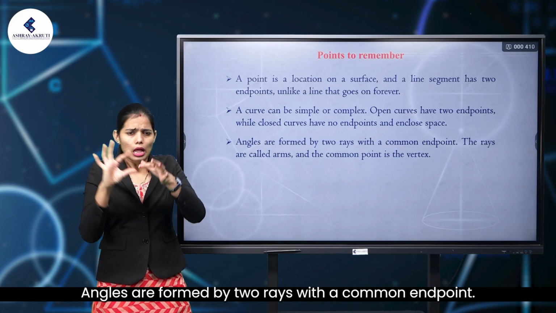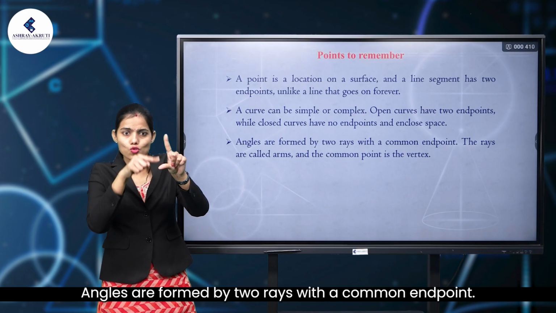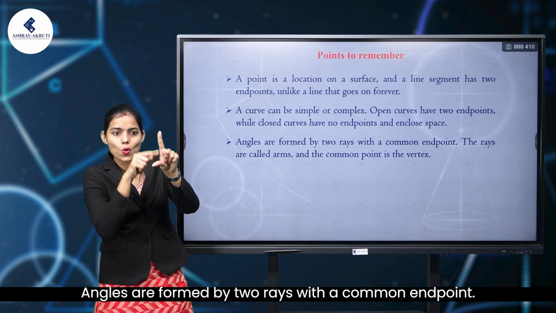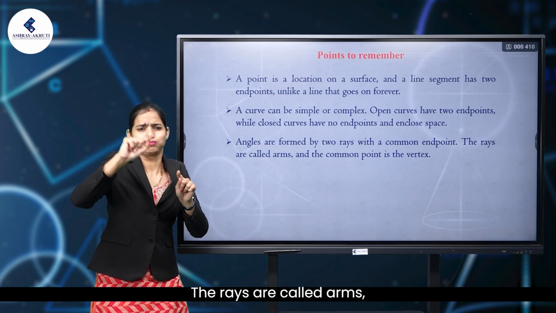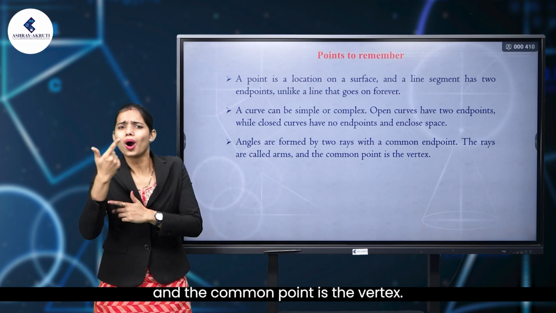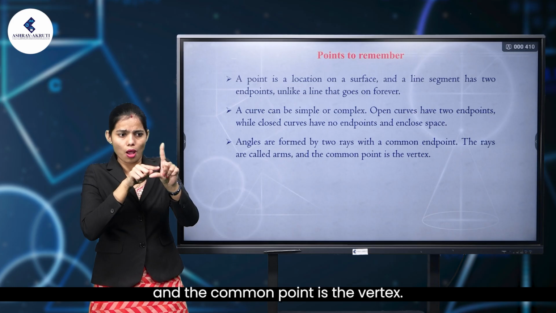Angles are formed by two rays with a common endpoint. The rays are called arms, and the common point is the vertex.